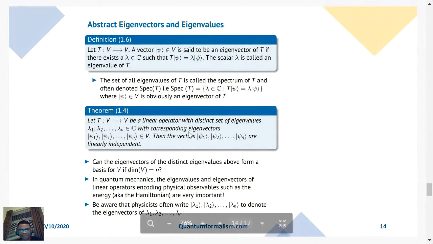And in fact, this is the question for you to scratch your head over: can the eigenvectors of these distinct eigenvalues form a basis for V if the dimension of V equals n? So the claim is, if the dimension of V happens to be n, do these eigenvectors form a basis? That's the question for you.